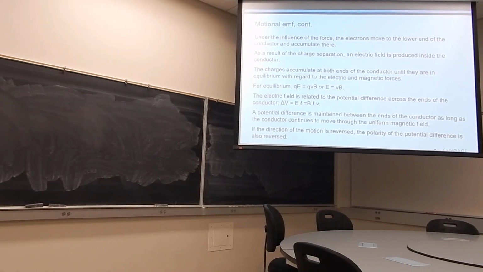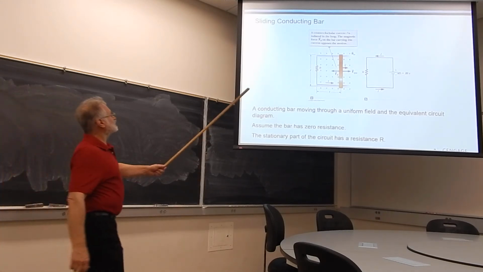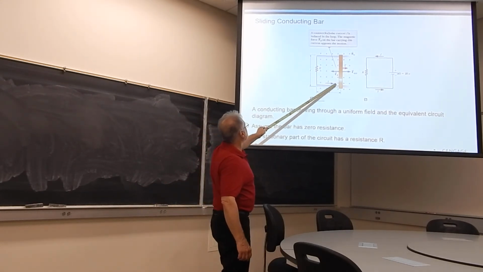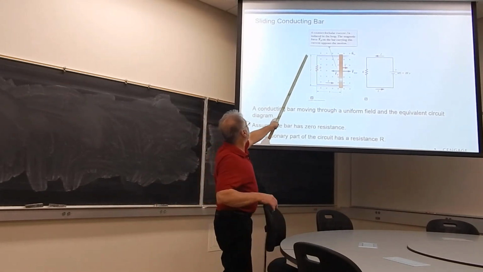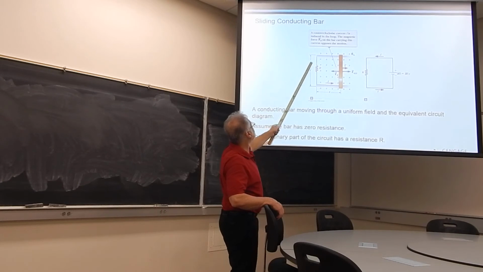A really nice picture of this is in the following slide. Notice we have two conducting rails and a conducting bar across those rails. We put this device in a constant magnetic field that's going into the screen.